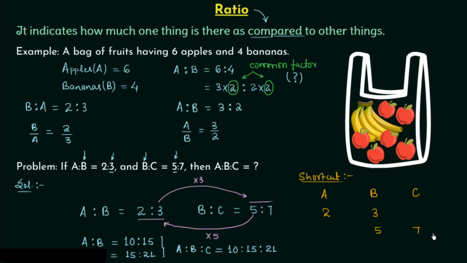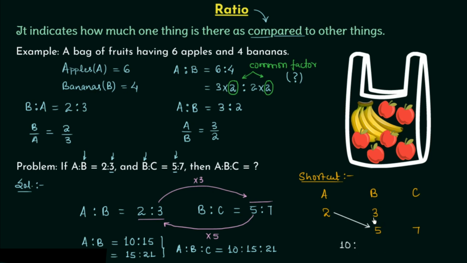So this is step number 2. And now we will move on to our final step, in which we will perform the multiplication. The first multiplication we will perform is between this value and this value. So I will put an arrow like this, signifying we are going to multiply 2 with 5. So 2 multiplied by 5 will give us 10. This is our first number. We will put ratio after this.